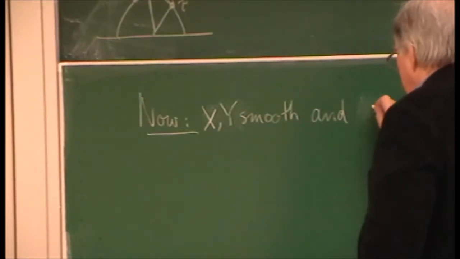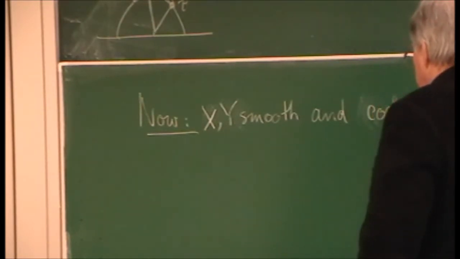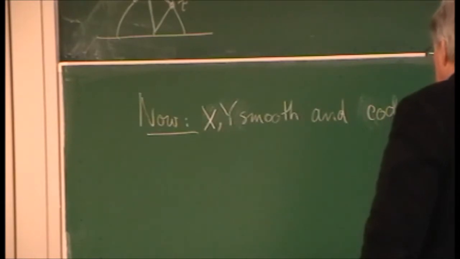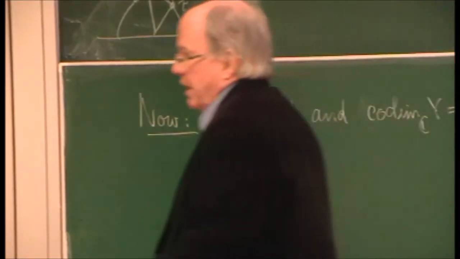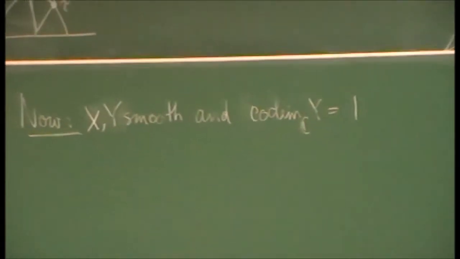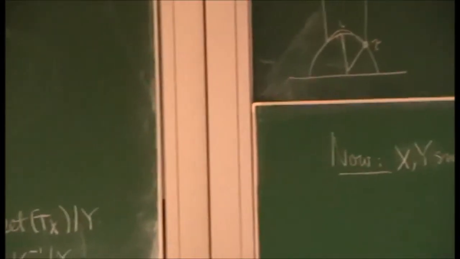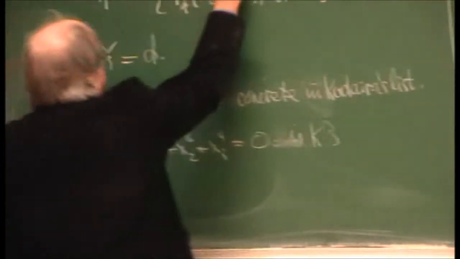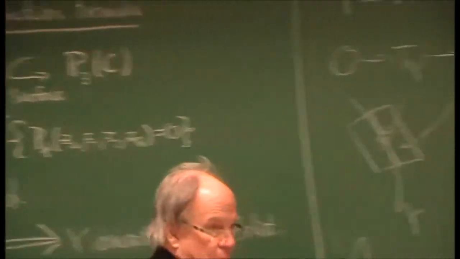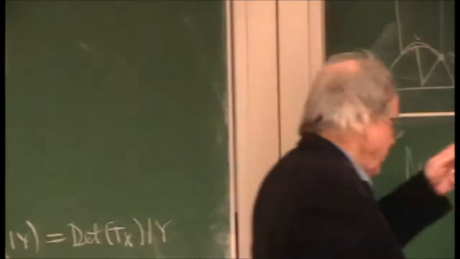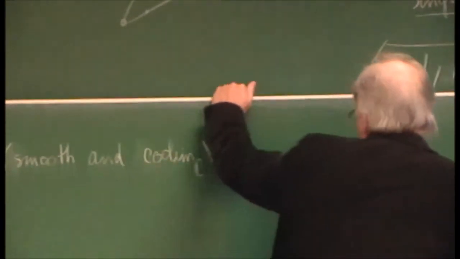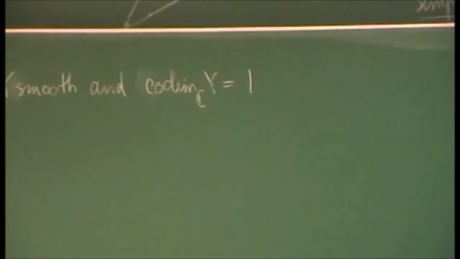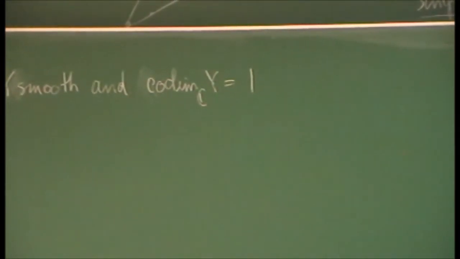So that means codimension is 1. You see, I'm assuming exactly the same situation we have here. If this is a surface, this is a two-dimensional submanifold of P3. Okay. So let's look at this in the codimension 1 case, where life will be much easier.